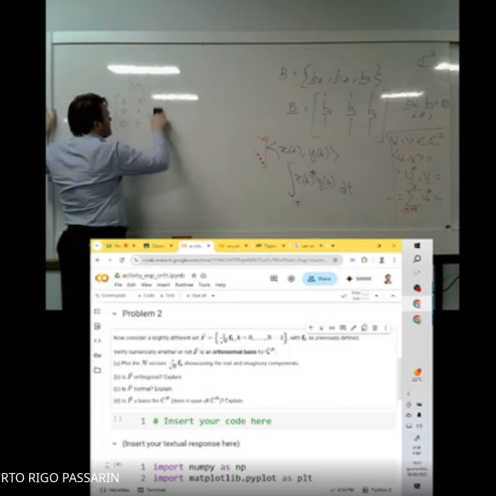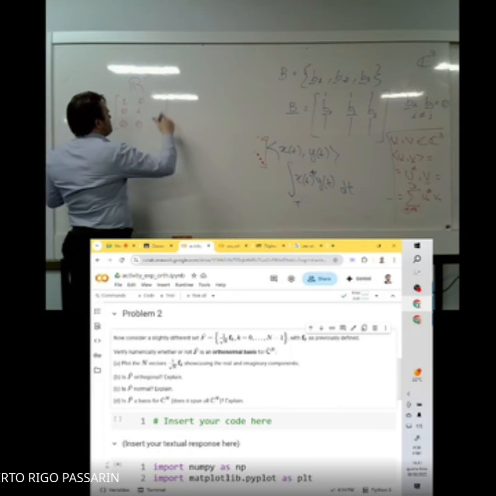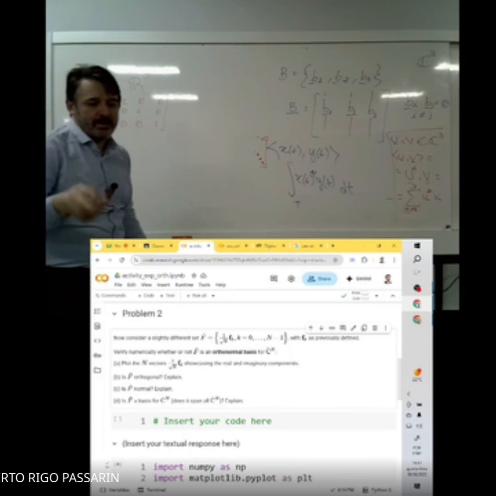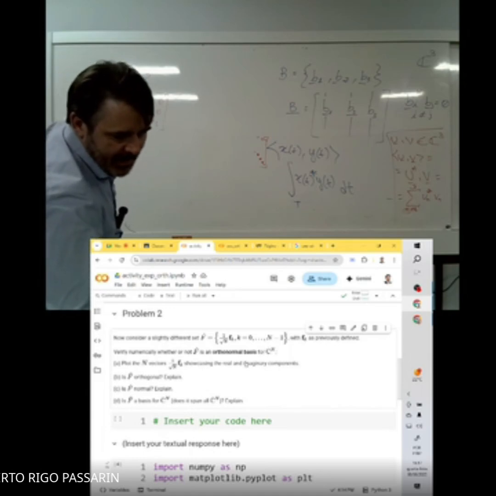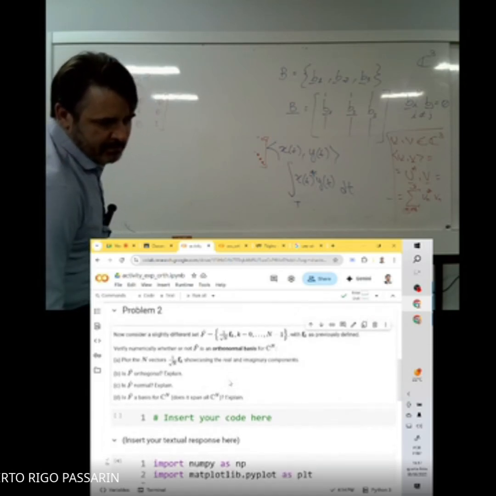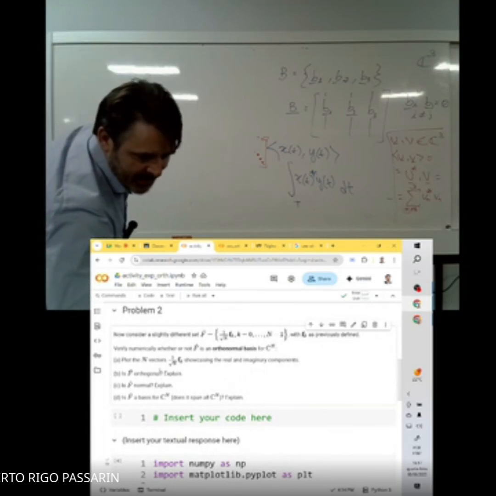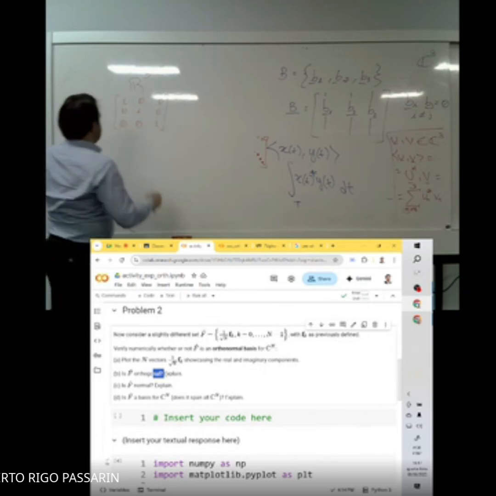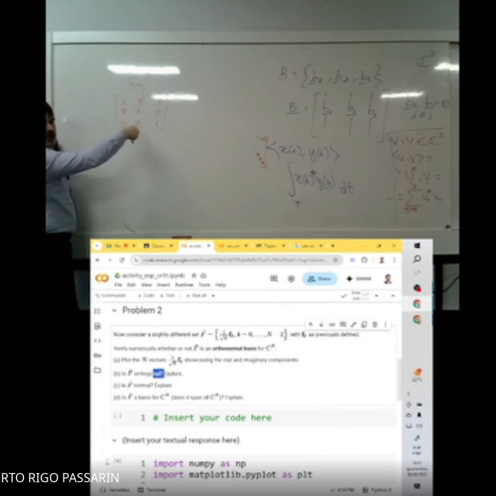But one case is when the inner product is 0. So I suggest you start checking whether this is orthogonal. You're already doing this here. If it is orthogonal and it has the same number of columns and rows, then it is a basis.